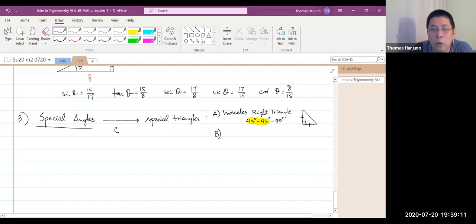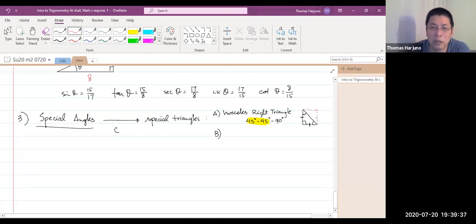But we also know from geometry that if two sides are congruent, then the opposite angles must be congruent also. You will see later on that we can get that isosceles right triangle from diagonally dissecting a square.